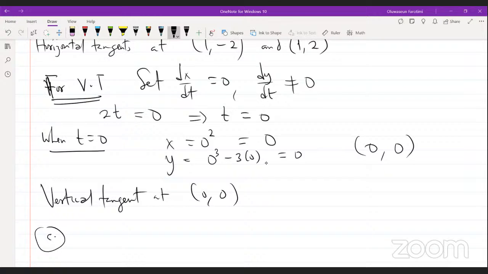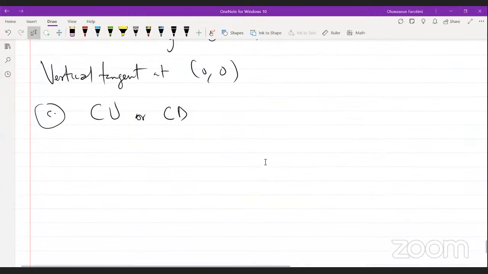So the last part, we want to determine concave up or concave down. This is where we need the analysis like the first one we did. Even in this case, we're going to do a similar analysis.